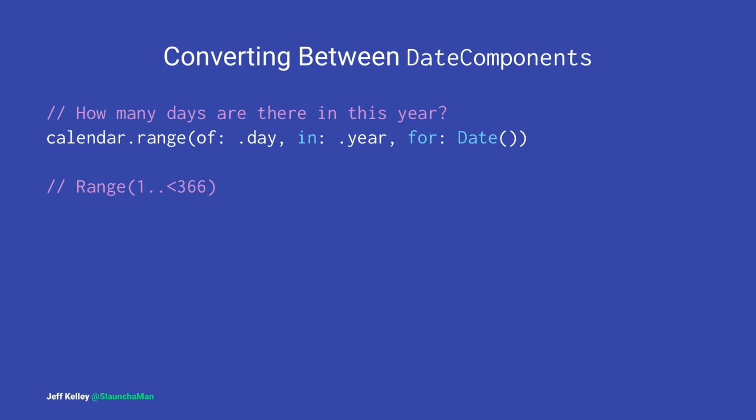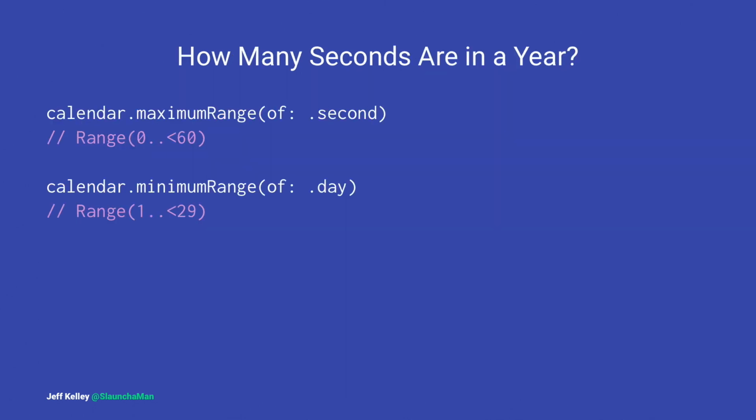So the question we're going to answer now, which I'm sure many people have had to compute in their own apps, is how many seconds are in a year? I can use maximum range of seconds on the calendar to know that on this calendar, no matter what, the range of a second goes from 0 to 60. And you can also use that for minimum ranges for days.